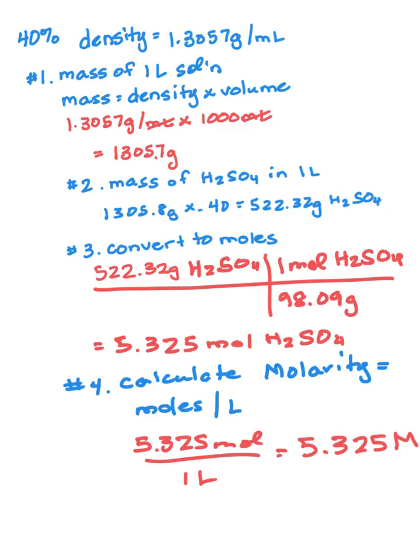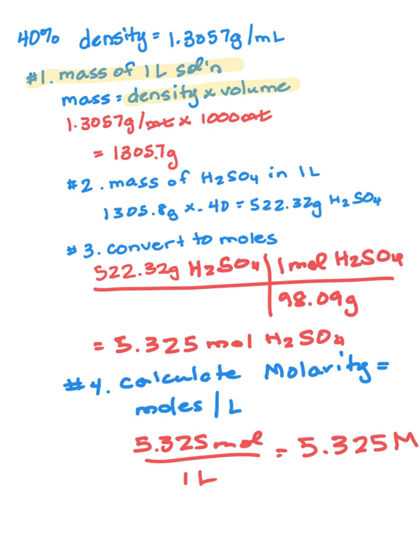Okay, so step 1. First we have to find the mass of the solution because remember it's 40% by mass. We're given a density, so we can use that to find the mass. So mass is the density times the volume.